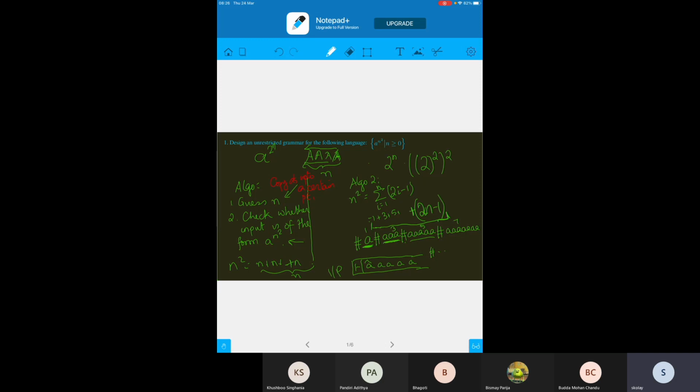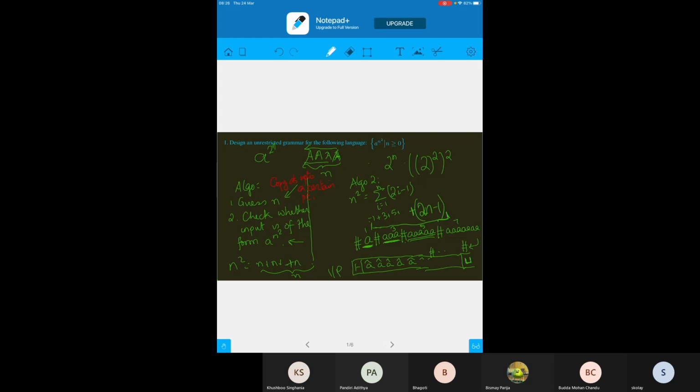So here you generated 3, you mark 3. Then you generate 5, then you keep marking. Okay? At some point, suppose you have ended with a hash and you encounter a blank space, then what can I conclude?